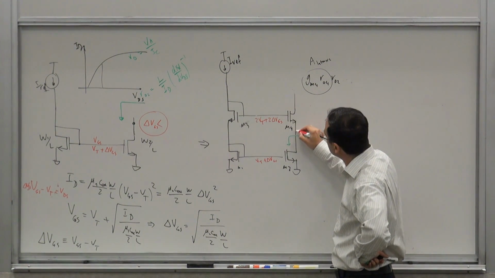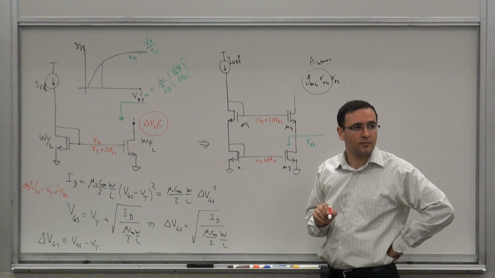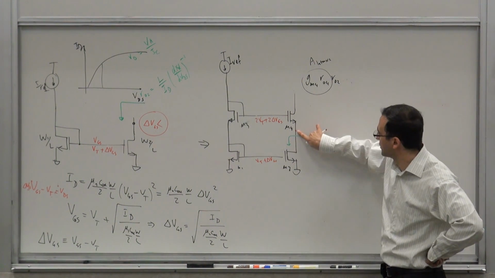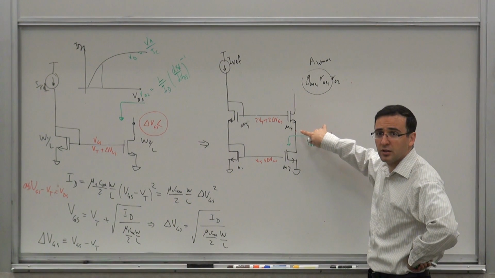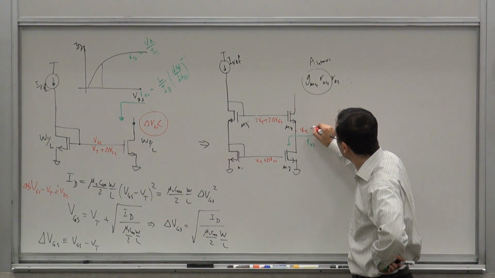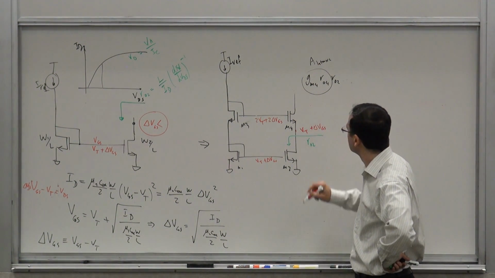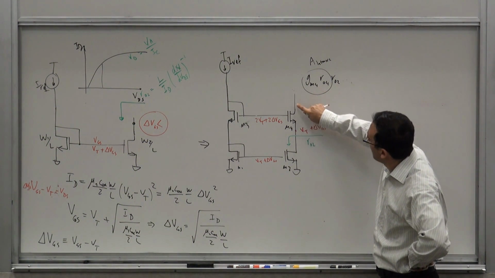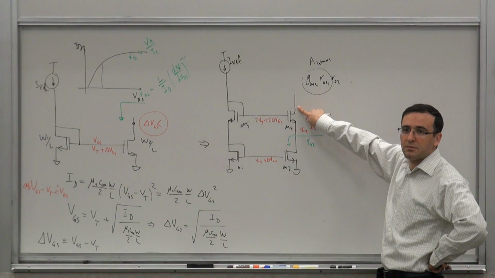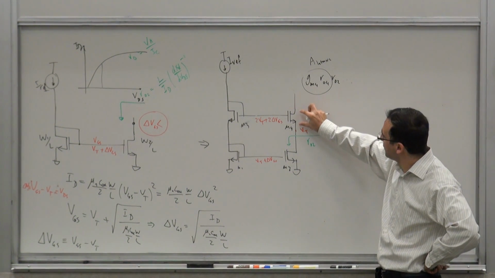Now, what is this voltage? This one, the source of the M4. You go a VGS down, so this becomes VT plus delta VGS. So if this voltage is VT plus delta VGS, what is the lowest voltage this can be before it enters the triode region? How much voltage do you need across this one?